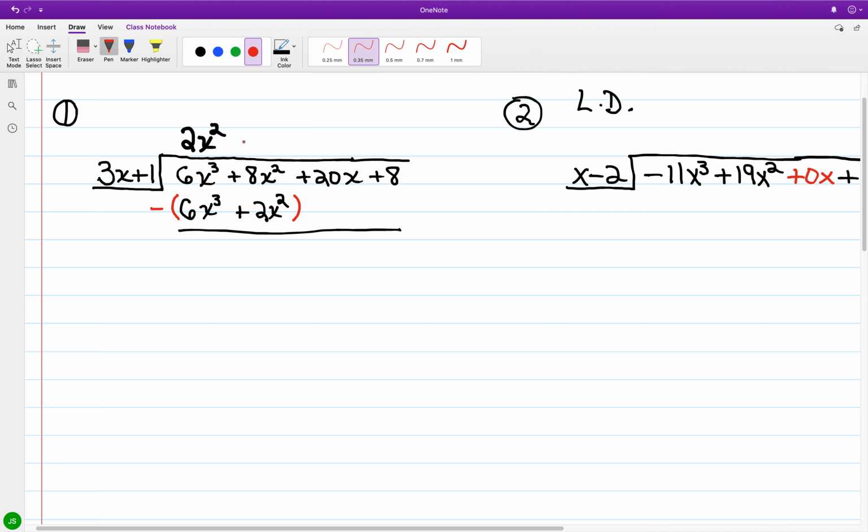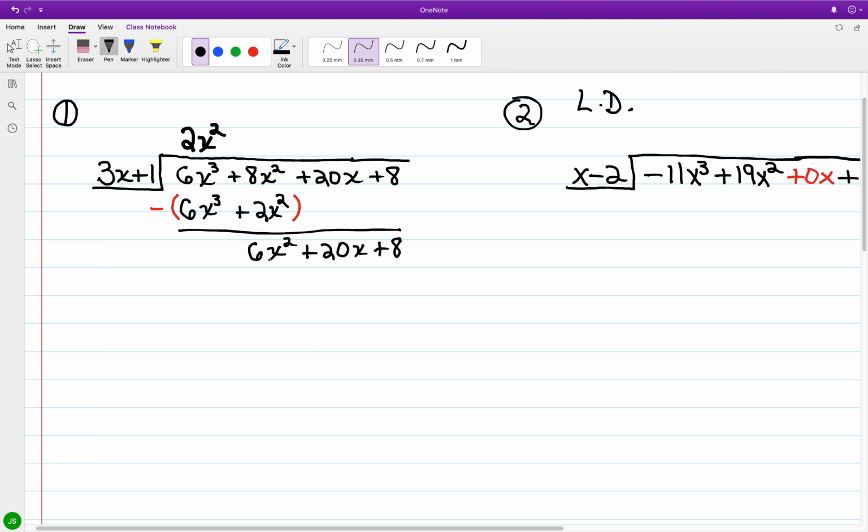So 6x cubed minus 6x cubed goes out, and 8x squared minus 2x squared leaves us with 6x squared. Breaking down the remaining terms, we have plus 20x plus 8.